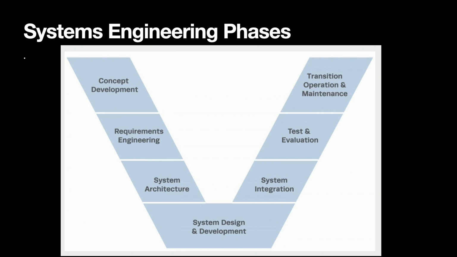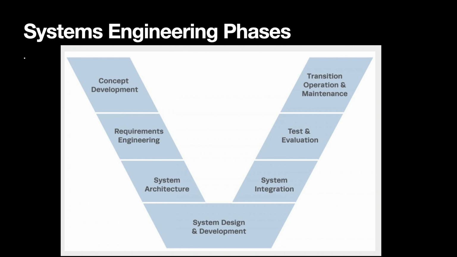Now, before diving into the different systems engineering phases of the GPS, let us briefly state each of them. The V model, which we can see in this slide, is a common graphical representation of the systems engineering life cycle. The left side of the V represents concept development and the decomposition of requirements into functions and physical entities that can be architected, designed, and developed.